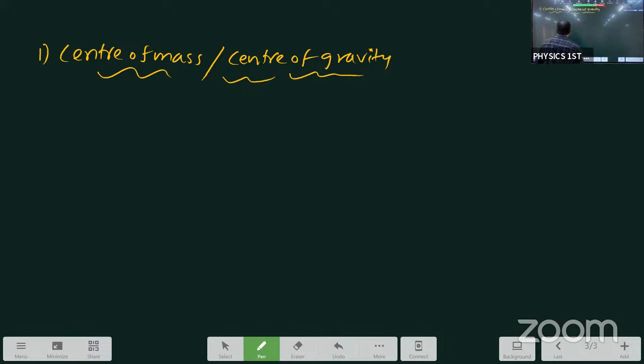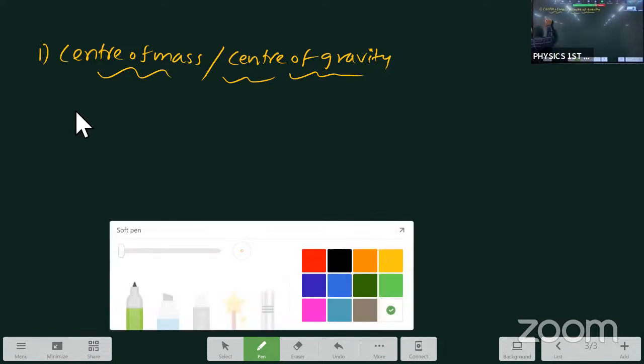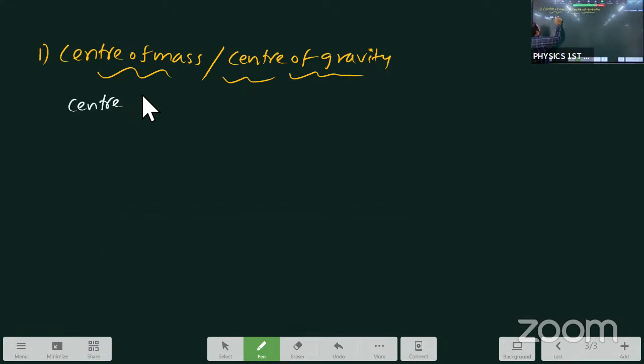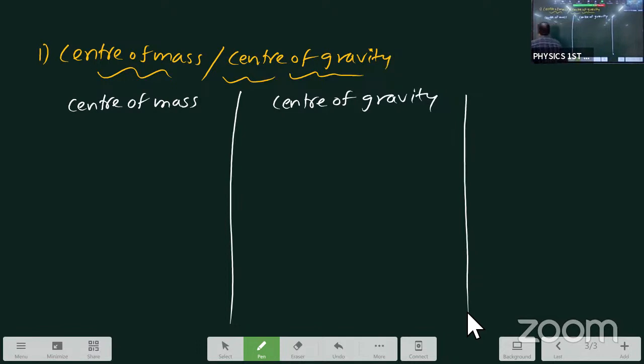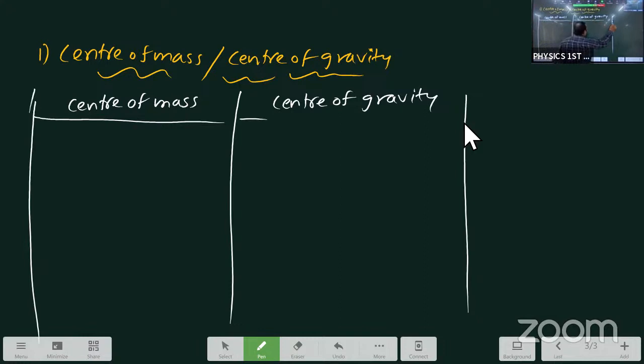Here, center of mass and center of gravity. I am giving 4 points, plus 1 extra point for your test. Total 4 points, students.